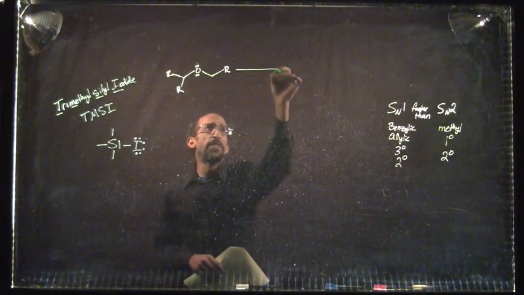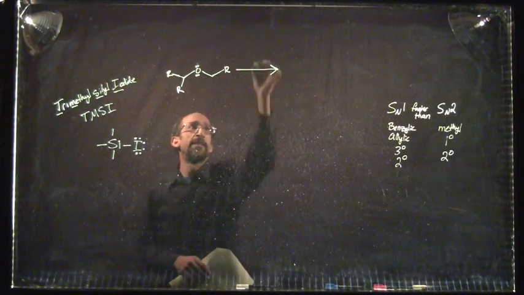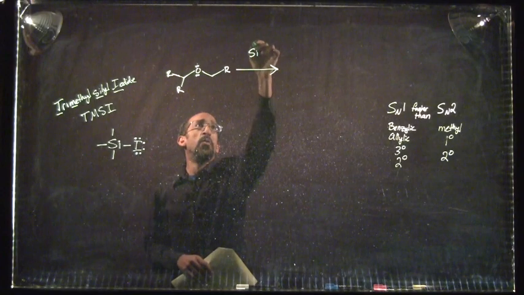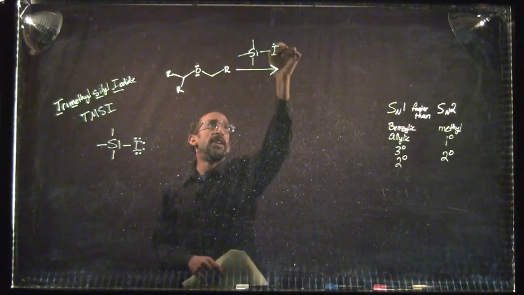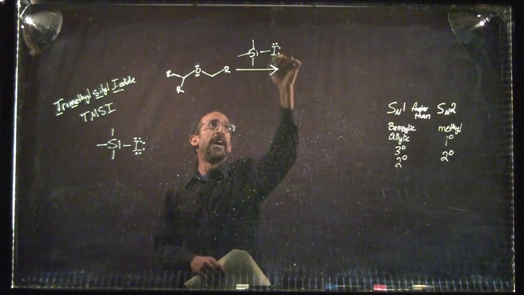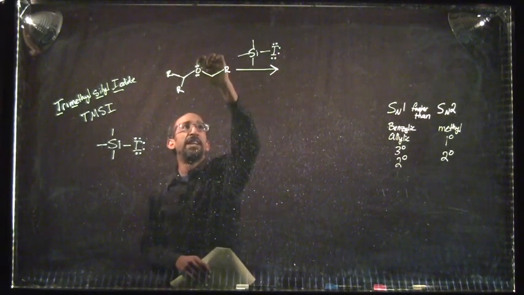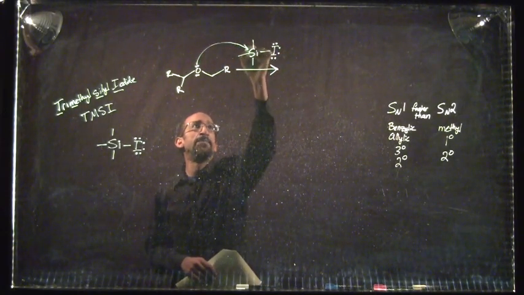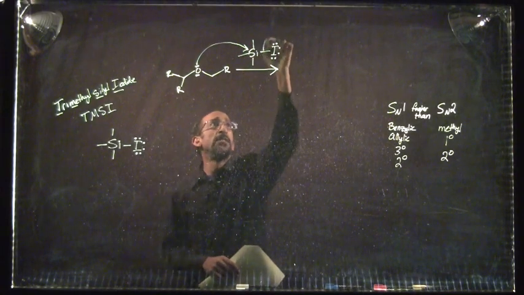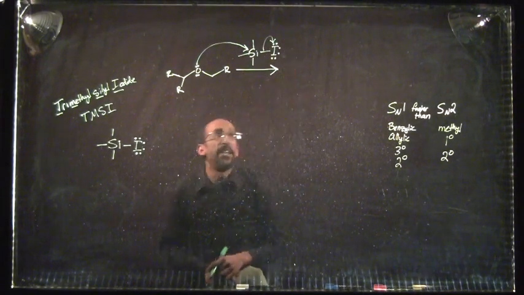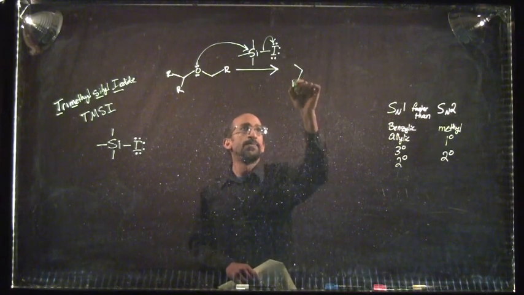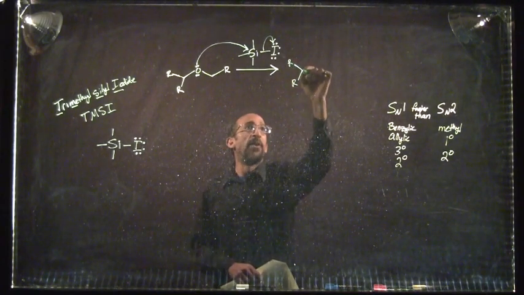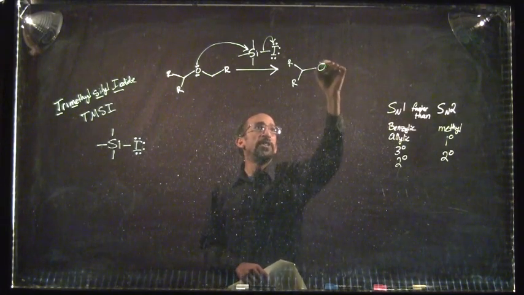So in the first step of cleaving an ether with TMS iodide, we're going to have oxygen act as a nucleophile. It's going to attack into that silicon atom, SN2 style, to liberate an iodide anion. And so now we have our oxonium species.